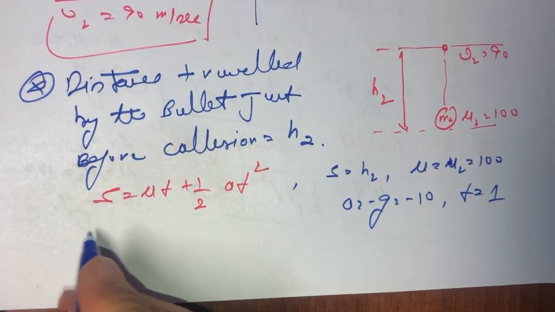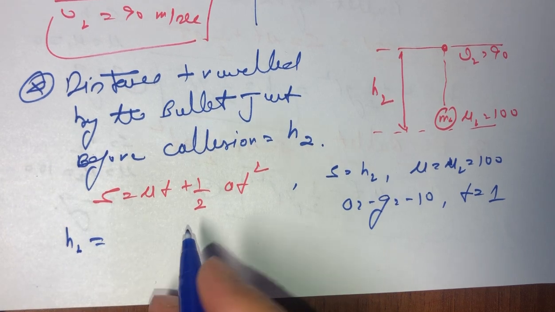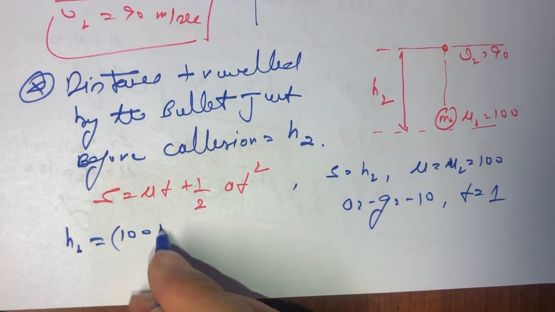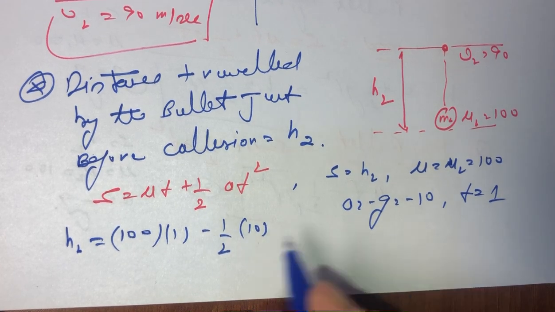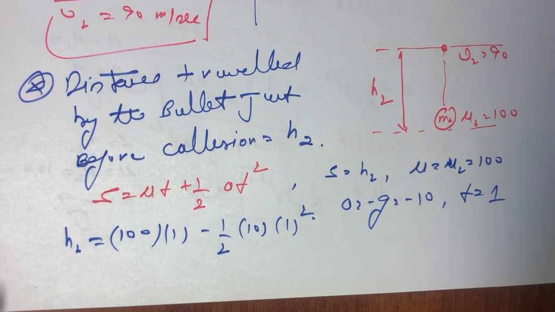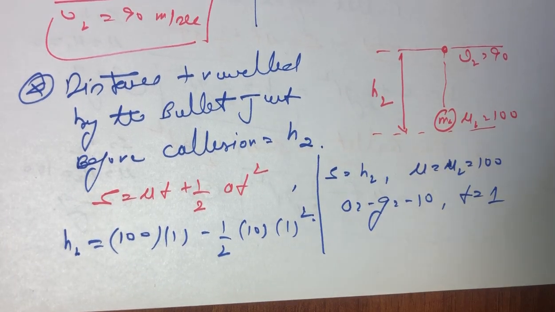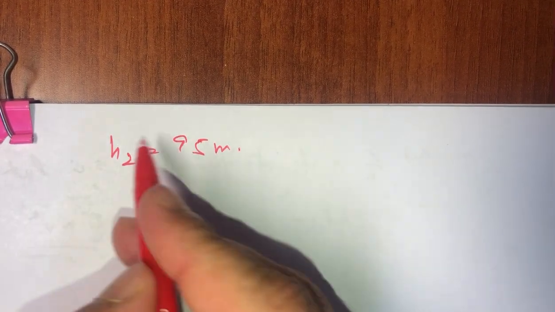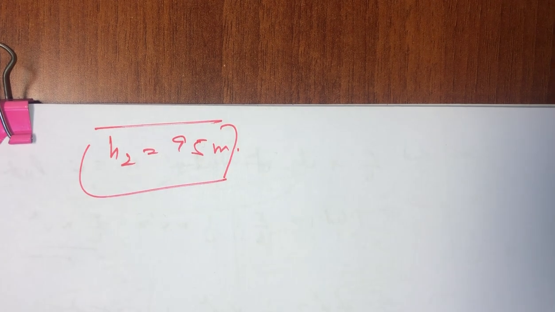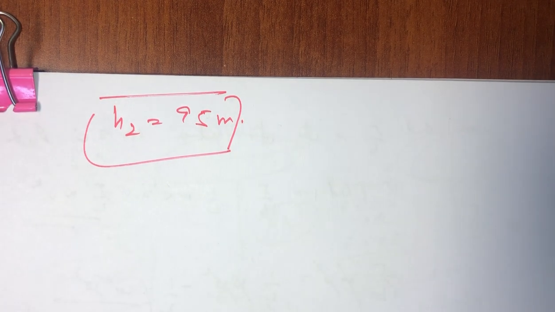So we substitute it here, we get H2 is equal to 100 multiplied by 1 minus 1 by 2, A is about 10, and this is equal to 1 square. Now we solve it and we get S2 is equal to 95 meters. Okay. Now we come to the second part, that is after collision.